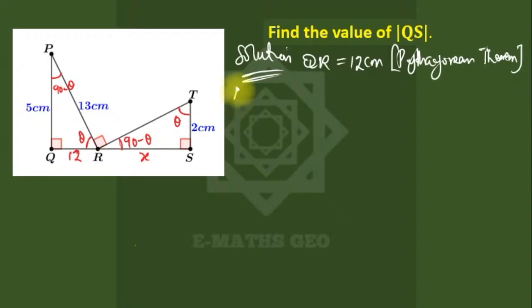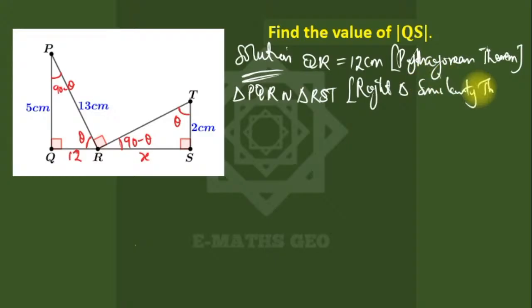I'm saying that triangle PQR is similar to triangle RXT by right triangle similarity theorem. So we now compare.